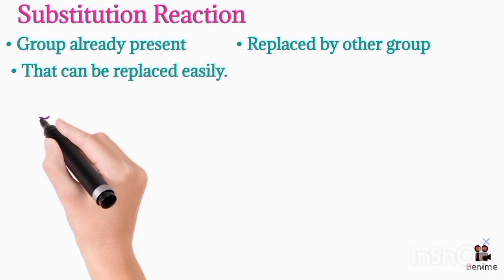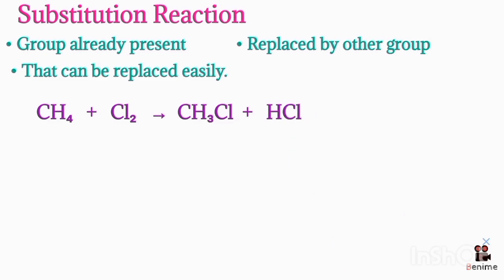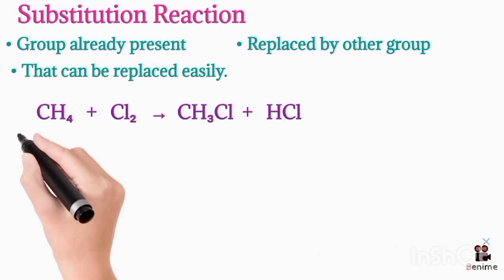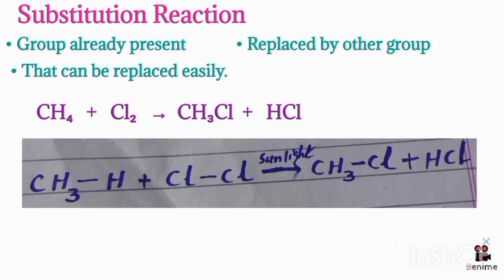Usually hydrogen or halogen atoms are replaced. Example of substitution reaction. The reaction is CH4 reacts with Cl2 to form CH3Cl plus HCl in presence of ultraviolet light.